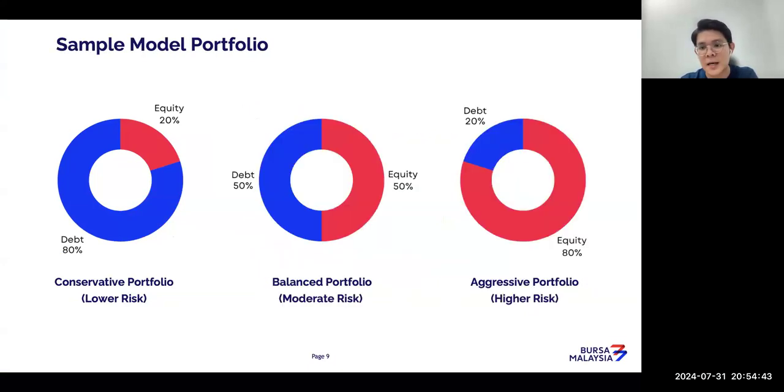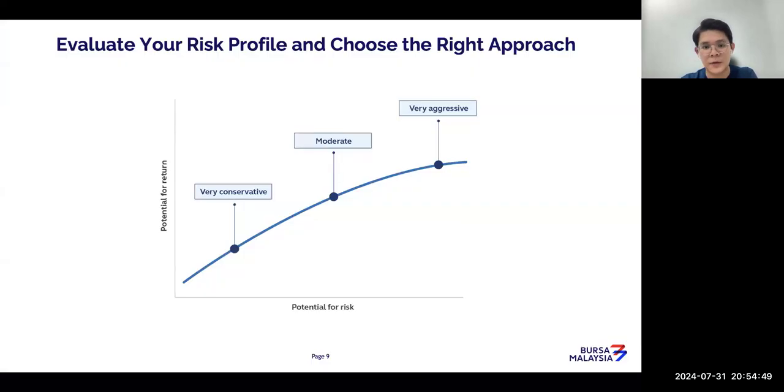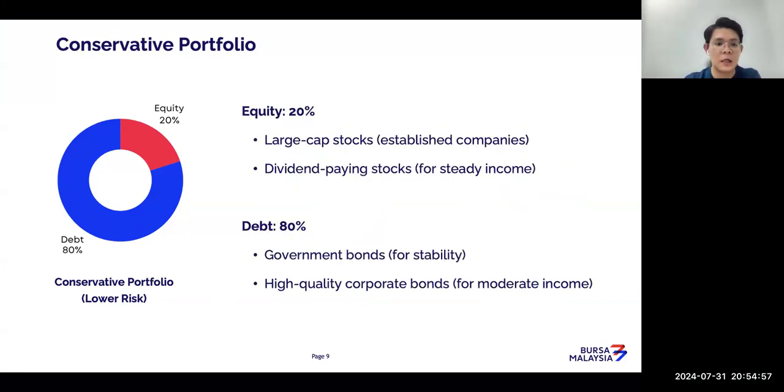For example, today I have done the risk profile assessment and I get to know that my profile is a conservative investor. So I will just follow this allocation to construct my portfolio, which is 80% bonds and 20% equities. And then I just leave it there for 10 to 20 years.